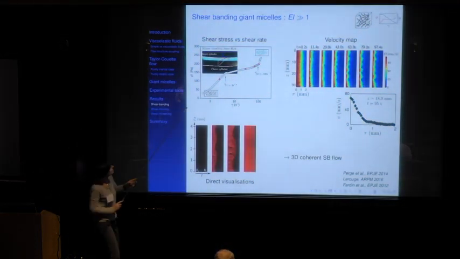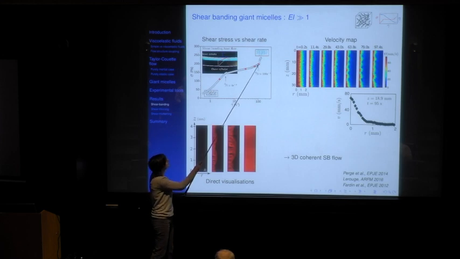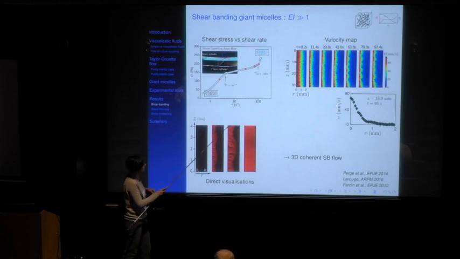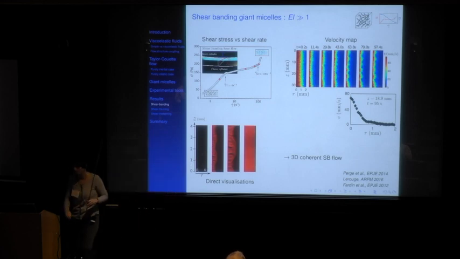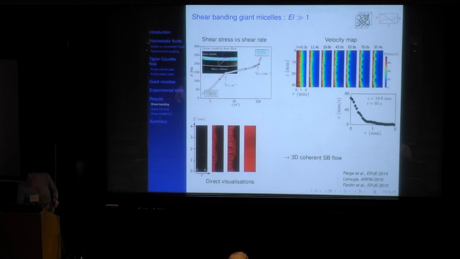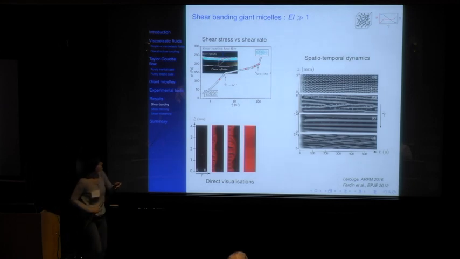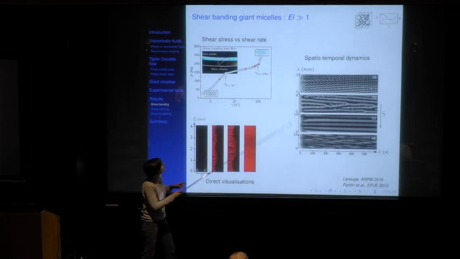If we keep increasing the shear rate up to the extremity of the stress plateau, this high shear rate phase fills the whole gap of the Taylor-Couette device, and the flow is laminar again. Here I have summarized the spatiotemporal dynamics we have observed along the plateau.